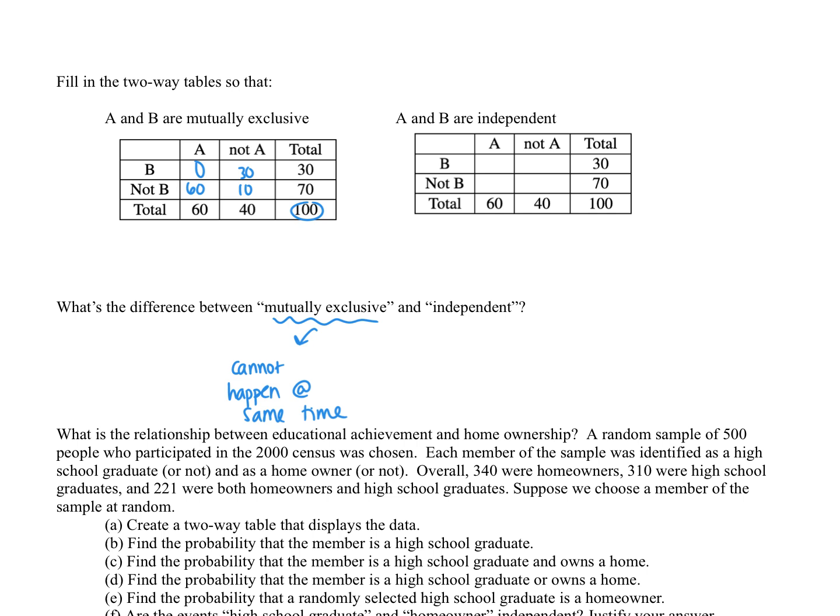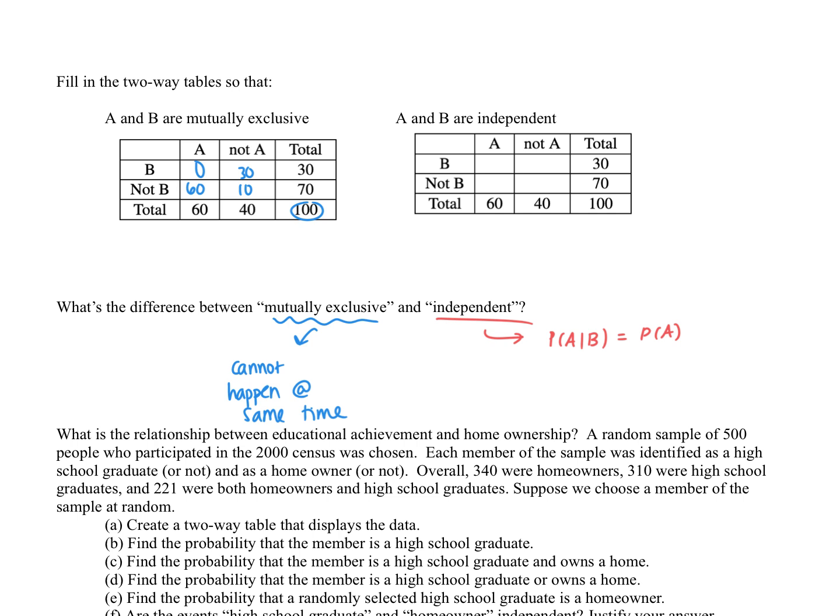Now, independent, completely different. And this is the one that's going to require a little bit more effort. Independent, like we wrote on the previous page: the probability of A given B. If events A and B are independent, then it doesn't matter that B happened. I should still just get the probability of A. So again, this is saying if B happened, that doesn't mean anything to me.